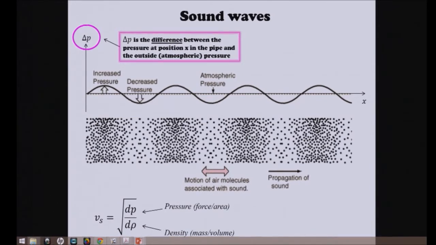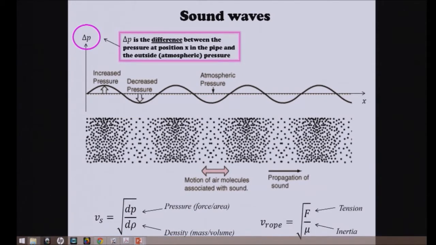For the waves on our rope, we showed that the speed of the wave, just like we use right here, is the square root of the tension of the rope over its mass density. You can see there's a nice relationship. The term in the numerator for both is kind of like a force term, and the term in the denominator is kind of like an inertia term. So this seems like a sensible expression for the speed.